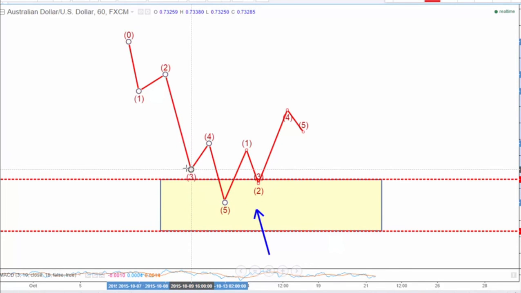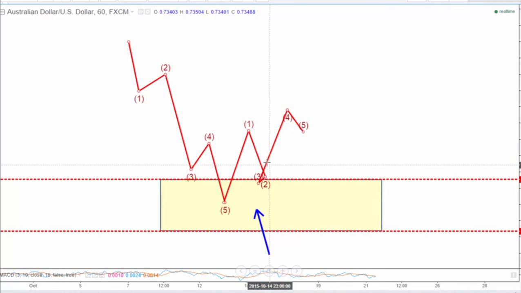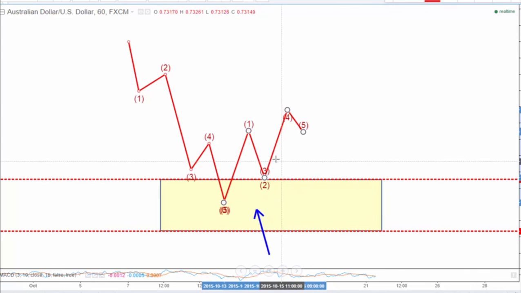A lot of times you'll get this. And there's another trick. In a higher time frame, you get that shift in momentum and then you get that pullback. Anyway, market shifted down and now you've got this shift right here.